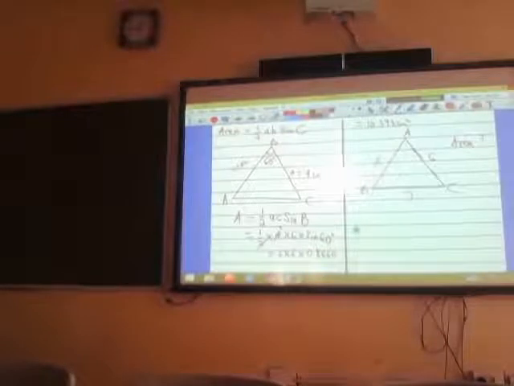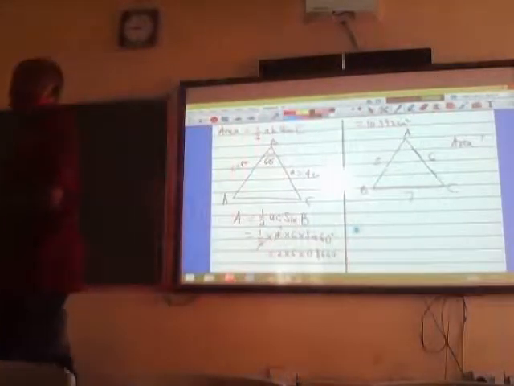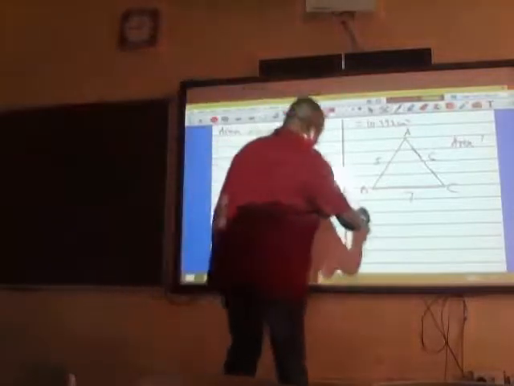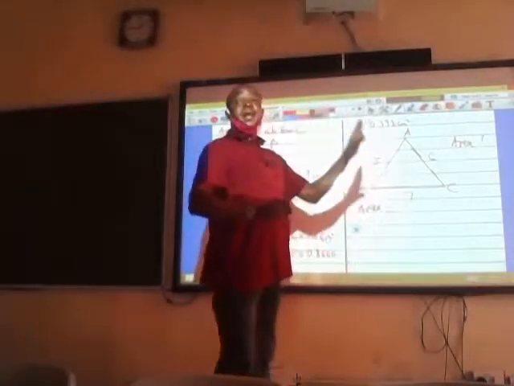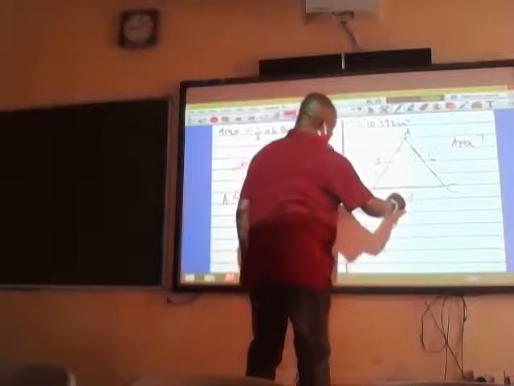Okay. Now, there's a formula for this as well. Sit up, everybody. When you are given the length of the three sides of a triangle and you are told to find the area, there's a formula that we call Hero's formula. The formula is this: the three sides are labeled small letters a, b, and c.